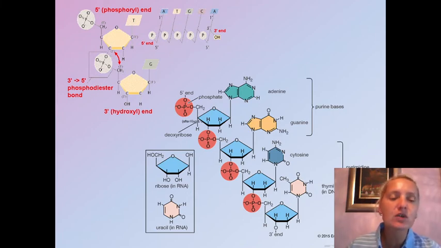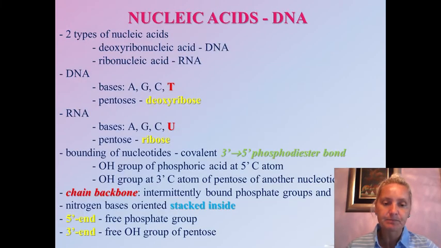So two phosphoester bonds are formed, and we say they are 3', 5' phosphodiester bonds.